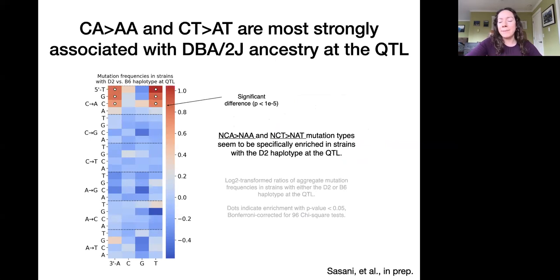And this is just a heat map showing all 96 types of mutations that you get by looking at the 5' and 3' bases adjacent to the SNP, and the two red stripes you see in the C to A box at the top are the odds ratio enrichments of these mutation types in the mice with the D versus the B haplotype.